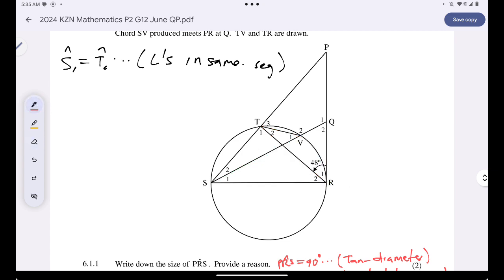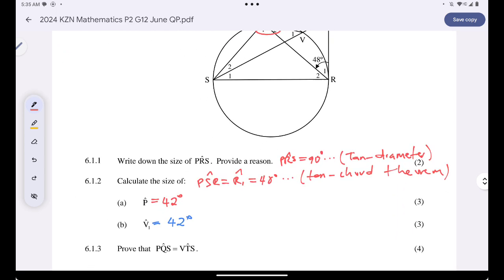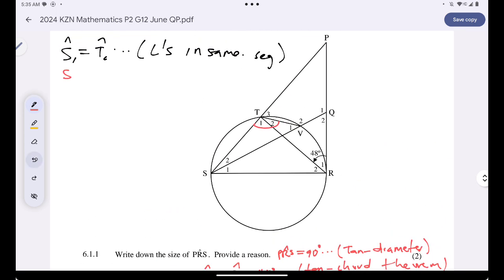Okay, let's continue. This simply means that this entire angle, they named it VTS. VTS is equal to T1 plus T2. This is a fact.